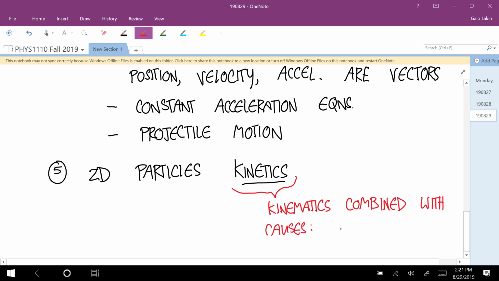And those causes I'm going to think of as mass, force. Those are really the only ones for us in this section, although later we'll see that energy we can think of that way too.